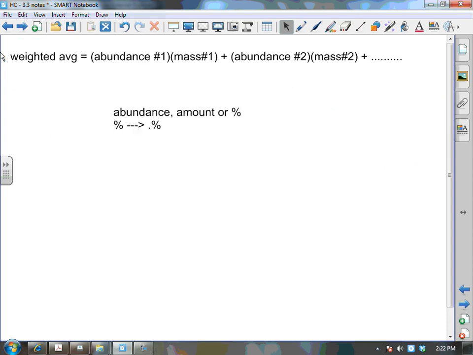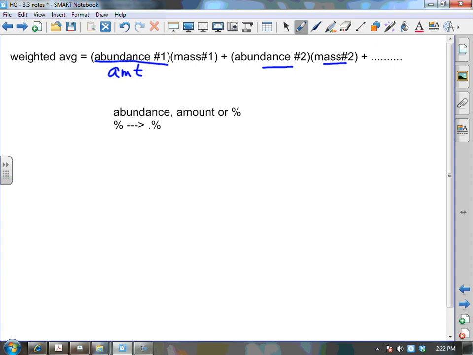That relates to this equation here. The weighted average for our purposes is equal to the abundance, or the amount, of the first object times its mass, since we're measuring masses, plus the abundance of the second object times its mass, plus the third, and so on.